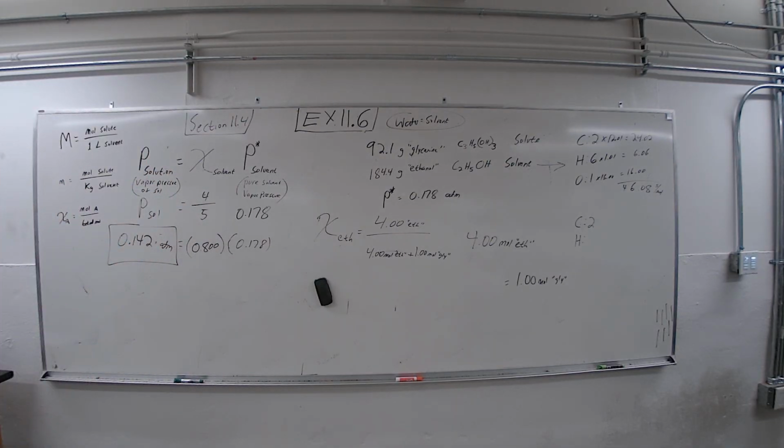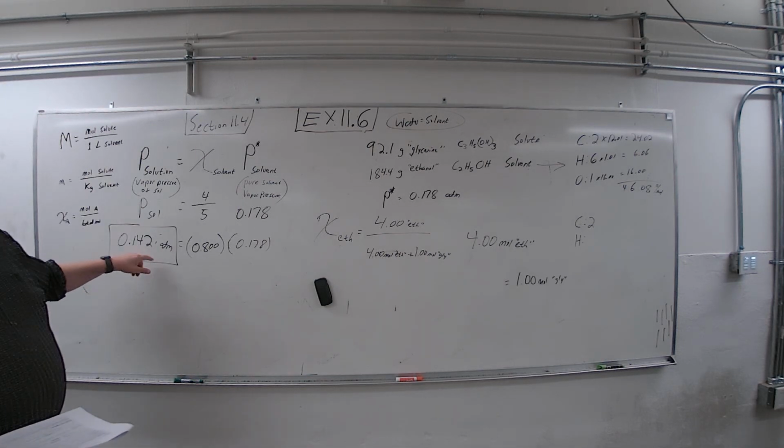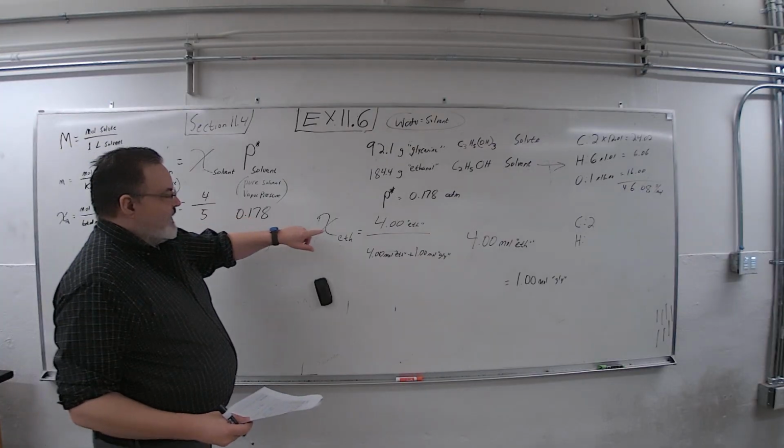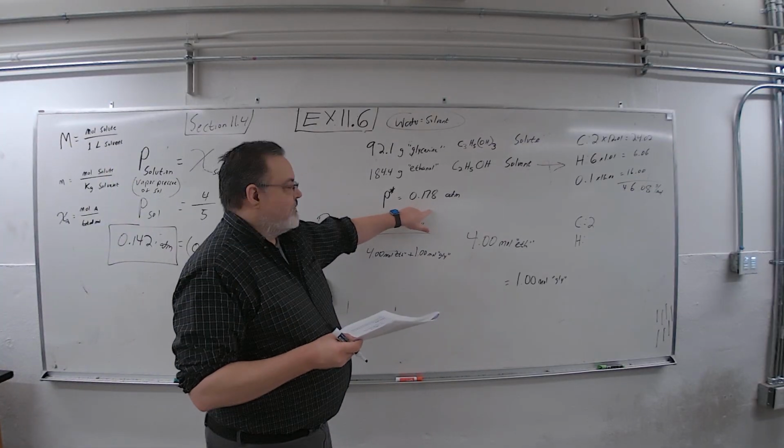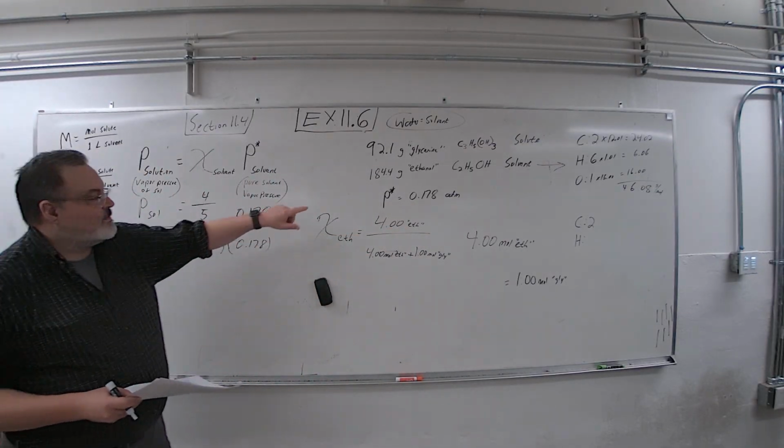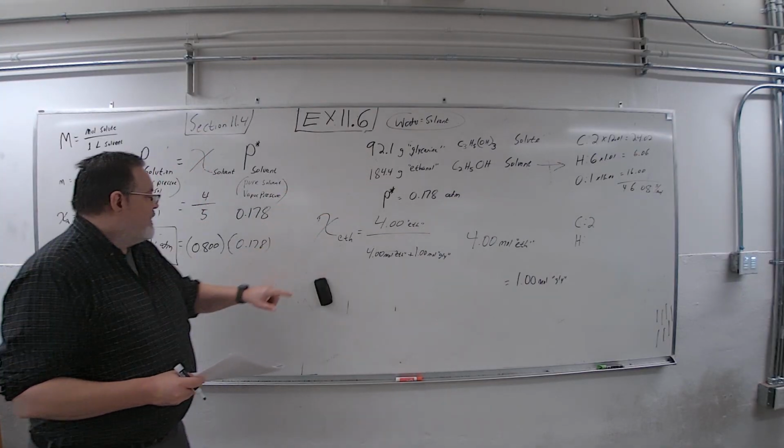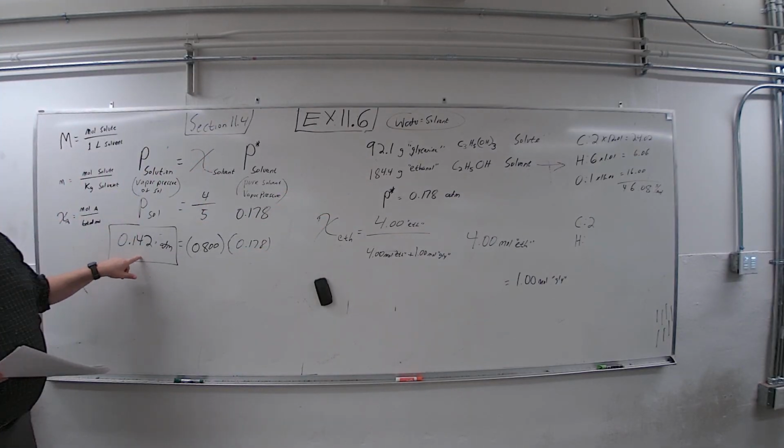And so that's what that 0.1, 0.2 is. If you have pure ethanol, this will be the vapor pressure above the solution. If you put this much glycerin in it, this will be its new vapor pressure.